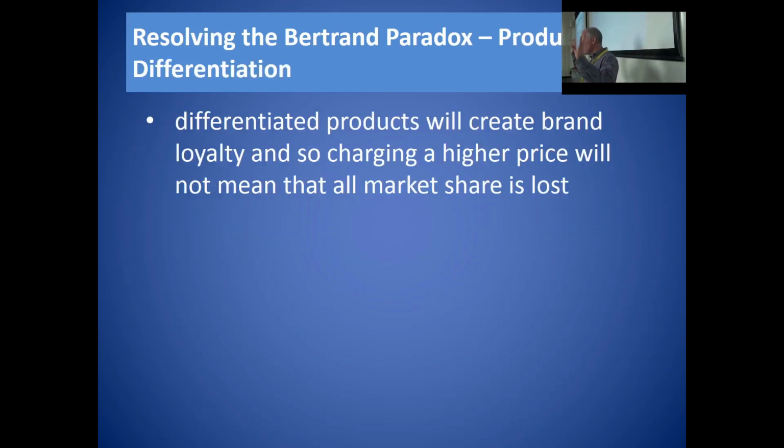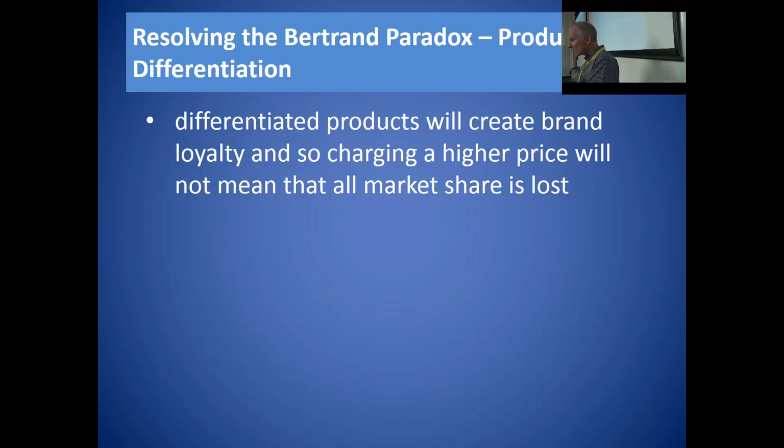Secondly, and I'll do this very quickly, is the idea of product differentiation. When I set this Bertrand up, I said these firms are producing exactly the same product. So the only consideration that firms take into account is price. And they know if they undercut their rival, they'll capture the entire market.